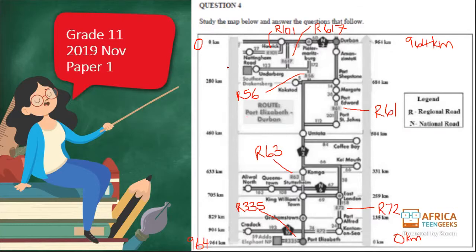How many regional roads are on the map? Again, I'm giving you guys a minute, so you have less than a minute left. How many regional roads are there?